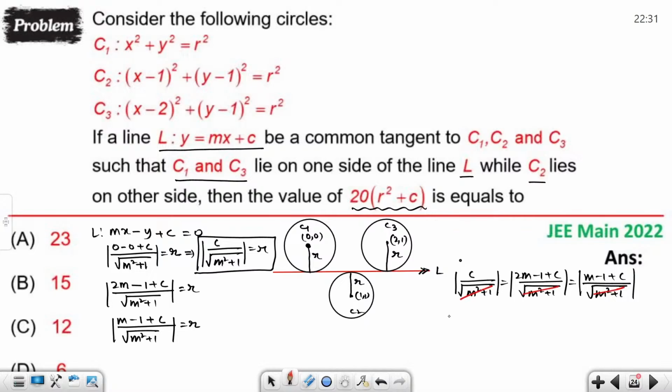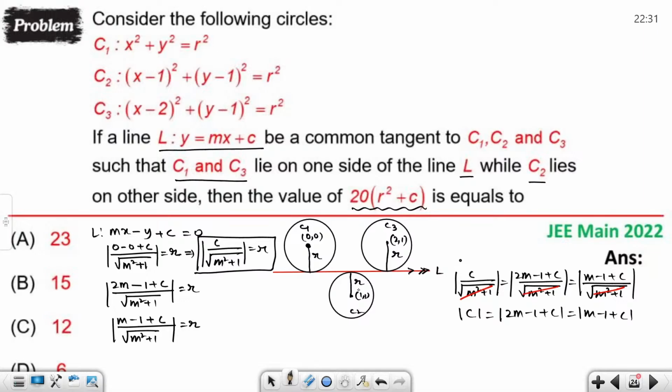So we have mod of c is mod of 2m minus 1 plus c, is mod of m minus 1 plus c. Okay. Now look at it carefully. For C1 and C3, the centers are lying on the same side of the tangent L.